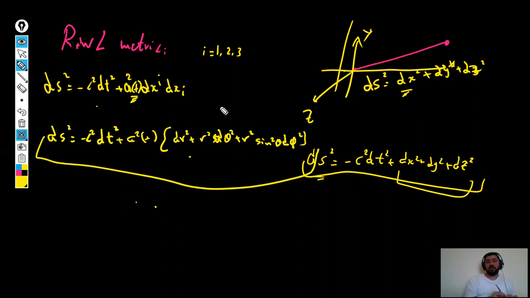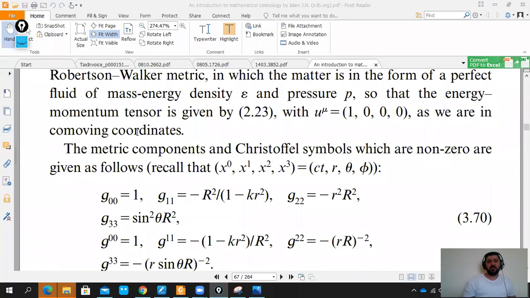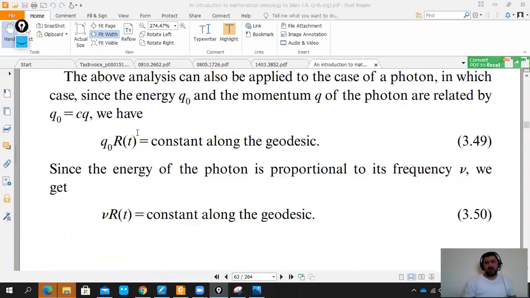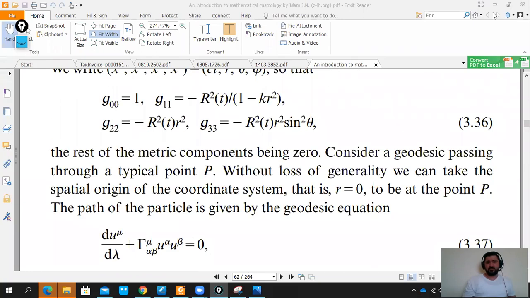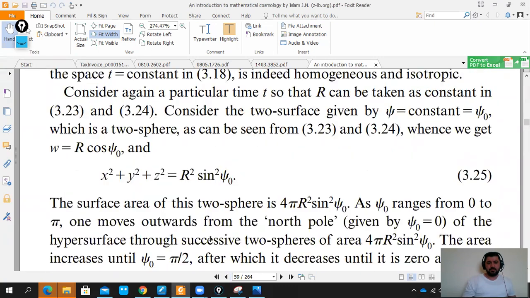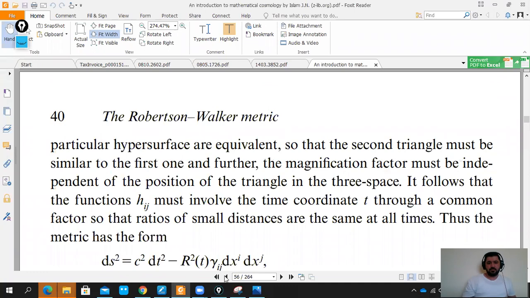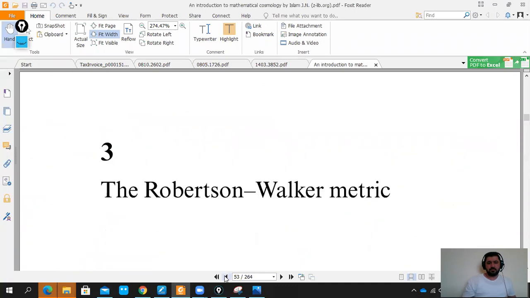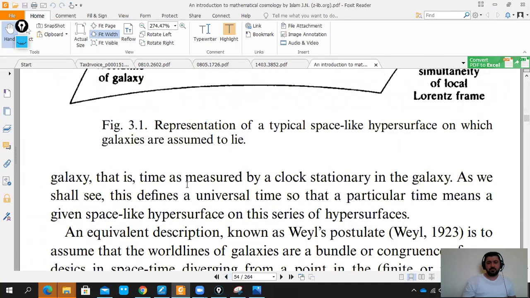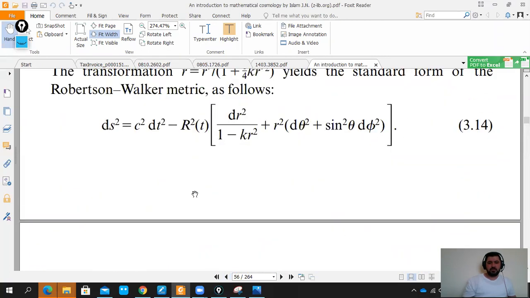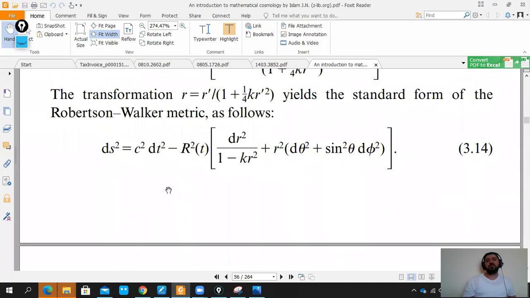Now to include the other possibilities, the metric in general will take the following form. This is the derivation; we'll take this form.